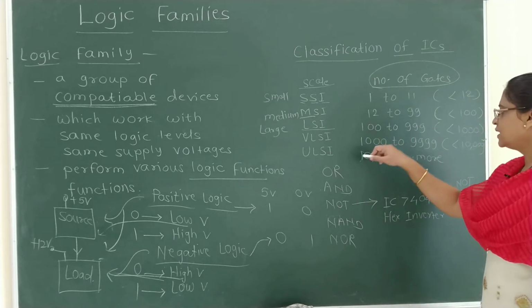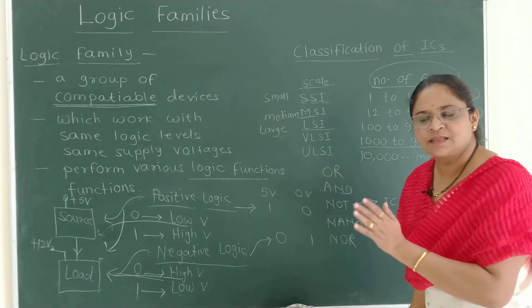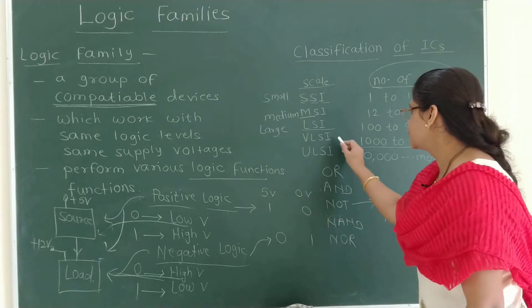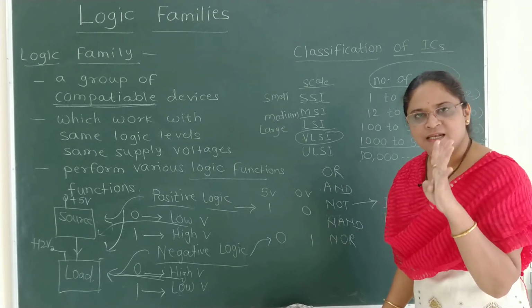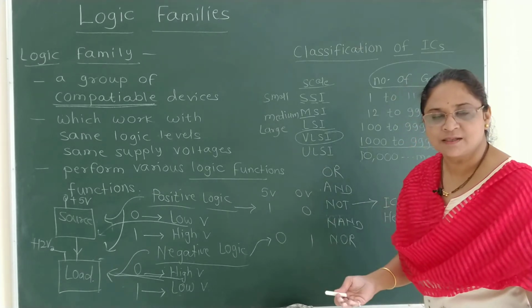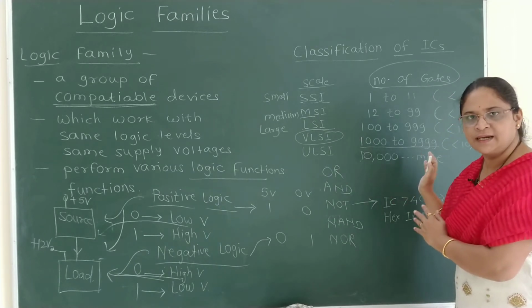Next, more than 1000 but less than 10,000, means 1000 to 9999, shows VLSI technology, that is very large scale integration. So the VLSI technique includes the number of gates as 1000 to 9999.